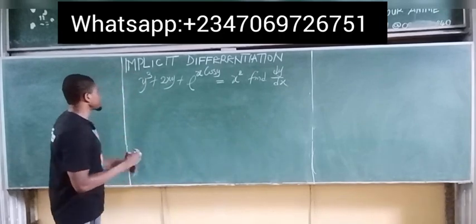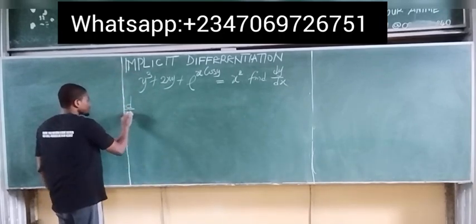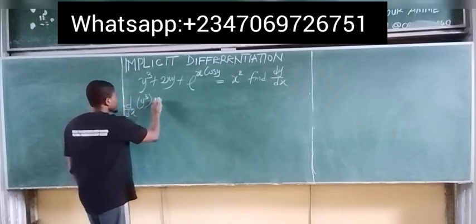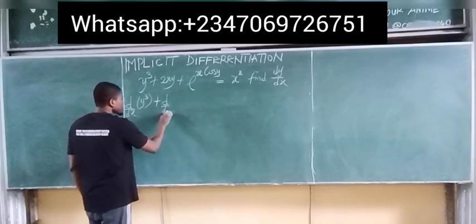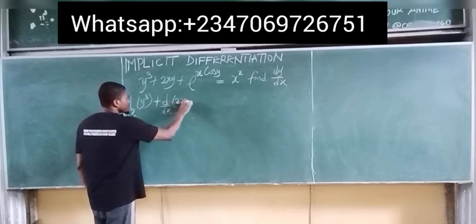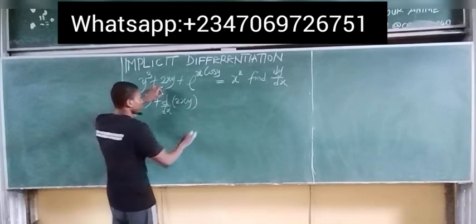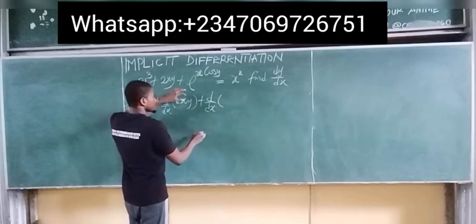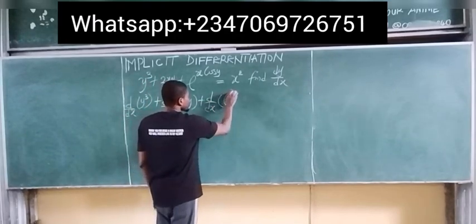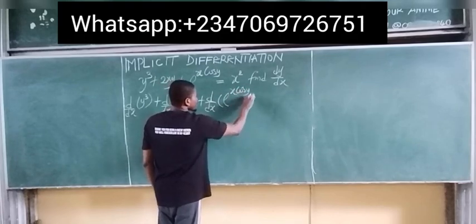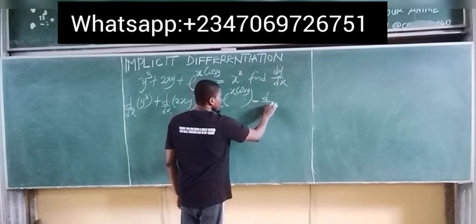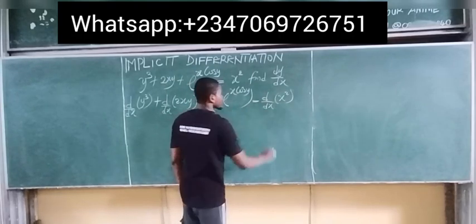Which means I am simply going to differentiate with respect to x: d/dx of y cubed plus d/dx of 2xy, which is this function here, plus d/dx of the given exponential function e^(x cos y), and that's equal to d/dx of x squared.